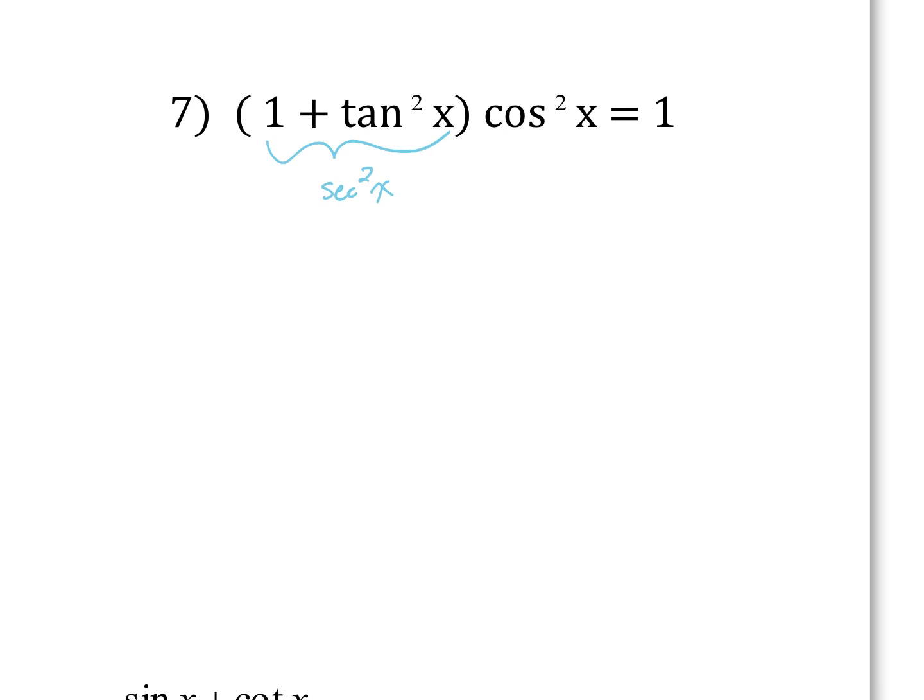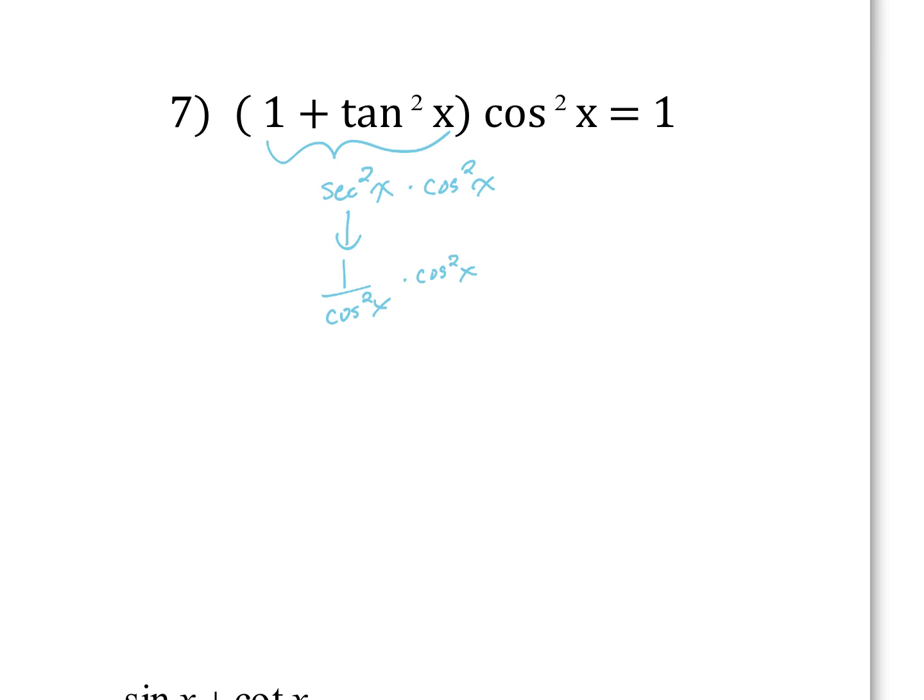Okay, so that's an identity, you're right. 1 plus tangent squared x is secant squared x. So that's just secant squared x, and then we're multiplying by cosine squared x. If you need to write the extra step of writing this as 1 over cosine squared x times cosine squared x, you can do that step.